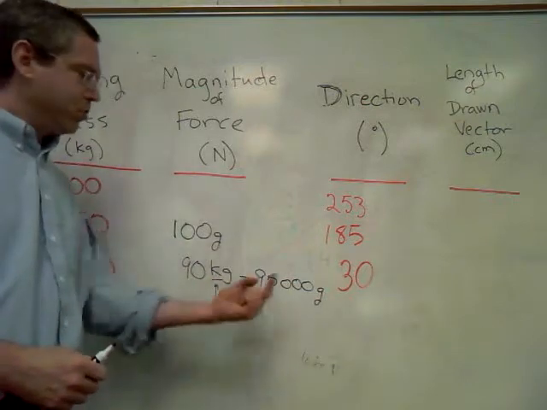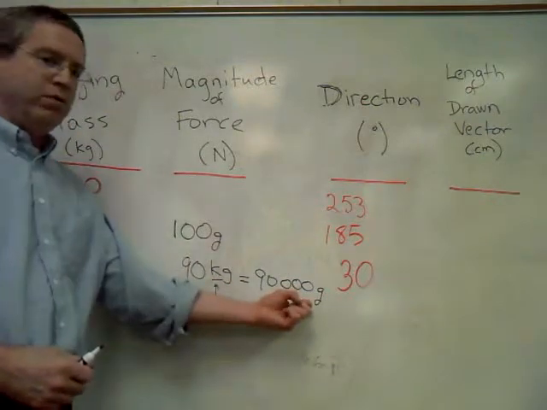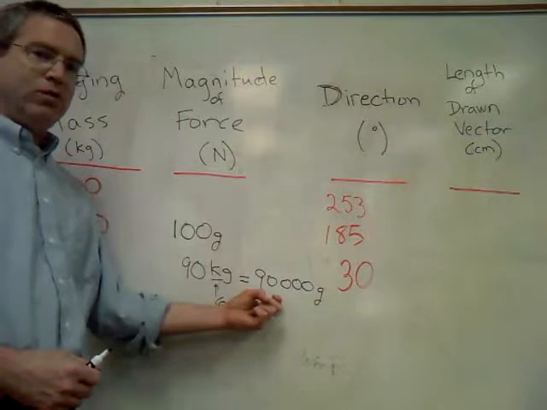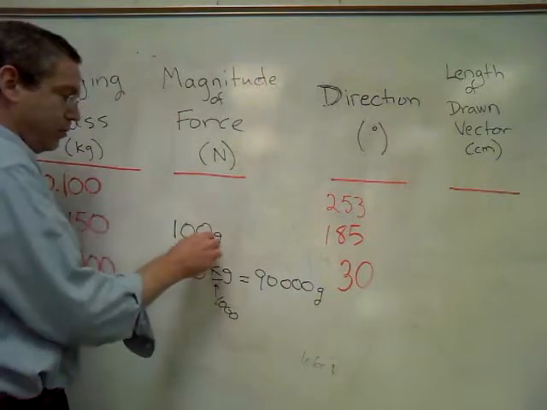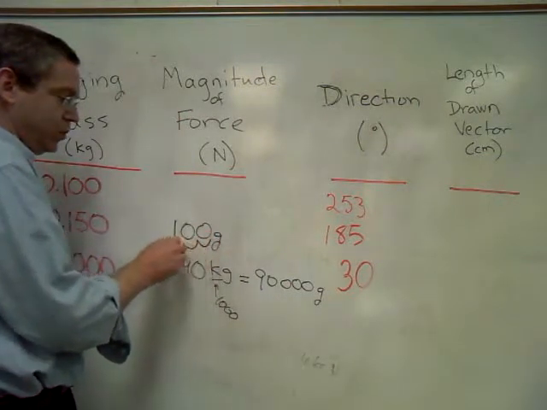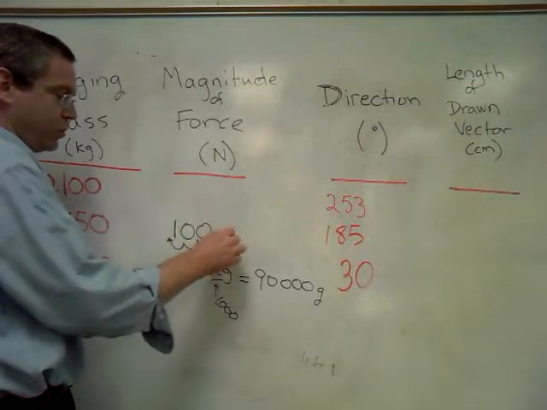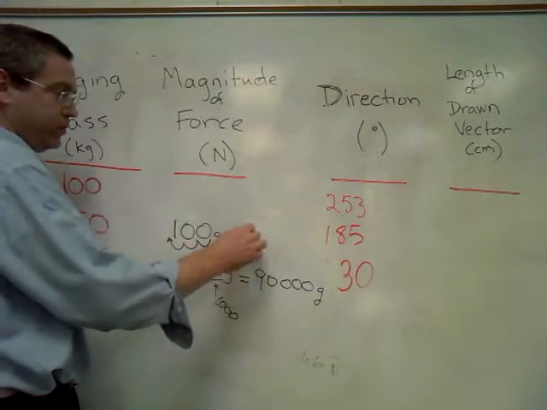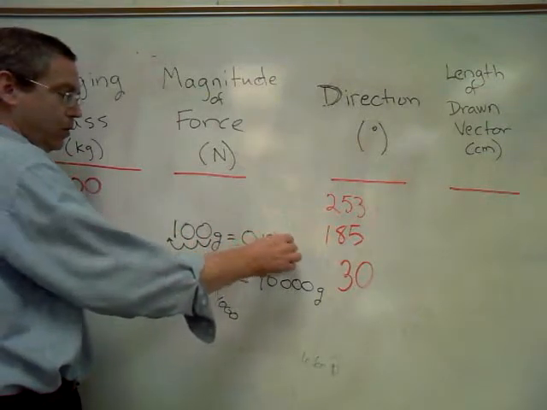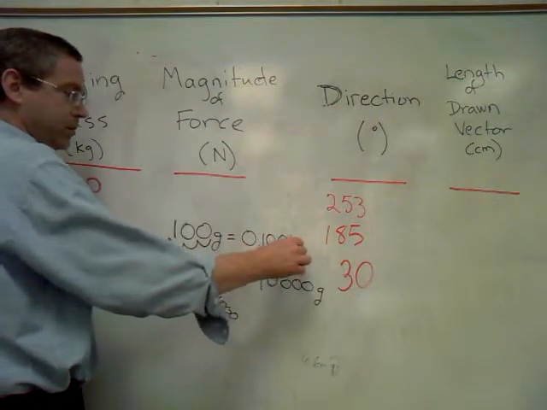So if I'm going from grams to kilograms, I need to move the decimal point to the left, so I have fewer of them. So I move it over 3 spaces, 1, 2, 3. And so 100 grams is the equivalent of 0.100 kilograms.